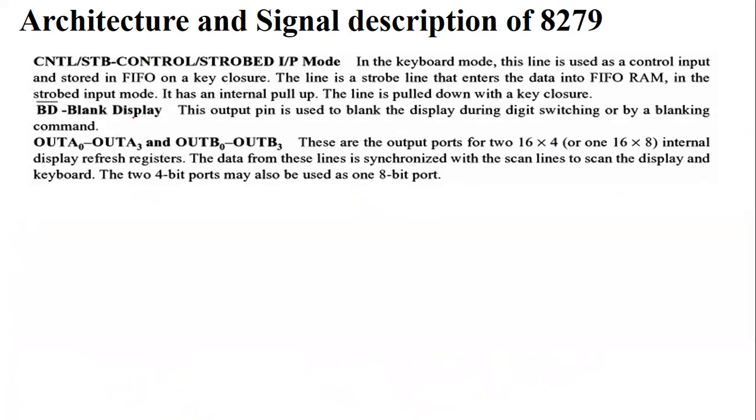Then we have some strobe lines. What is the advantage of strobe lines? These strobe lines are helpful to operate the different operating modes, scan mode and display mode, nothing but the keyboard mode. The strobe lines are also used for blank display purposes. These are the output lines, the output ports.